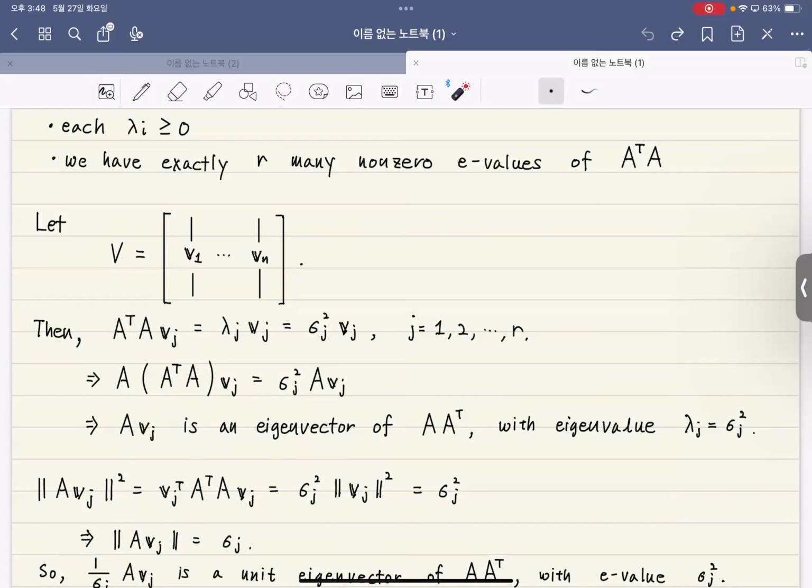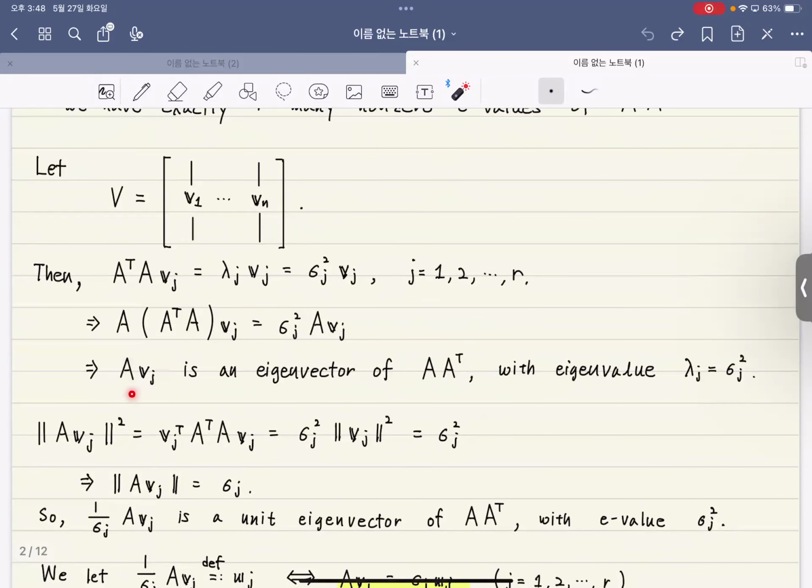Also I want to compute the length of these eigenvectors A vj. To find the length of this vector, I just take the length squared, which is nothing but taking the inner product with itself. So vj^T A^T A vj. But vj was defined to be the eigenvector of A^T A, so A^T A vj can be replaced by sigma j squared times vj.